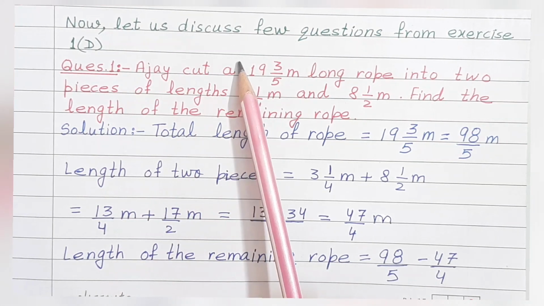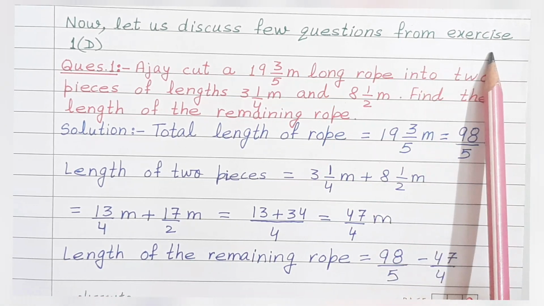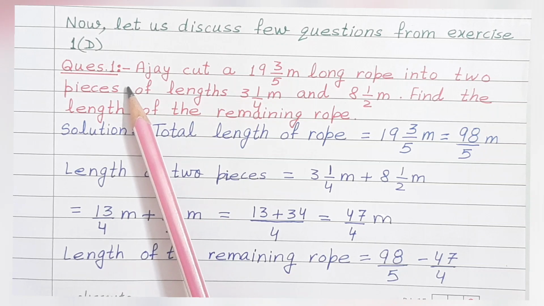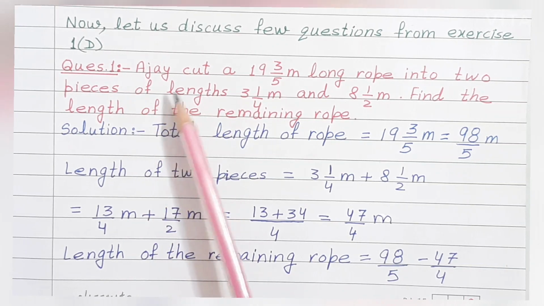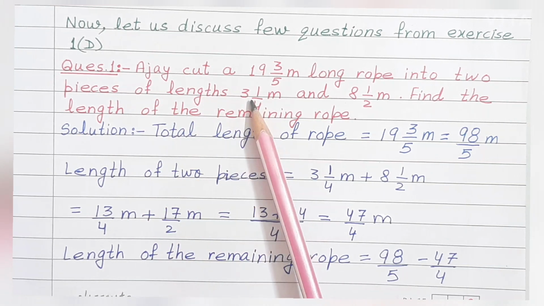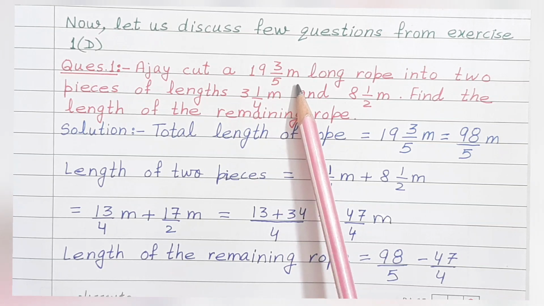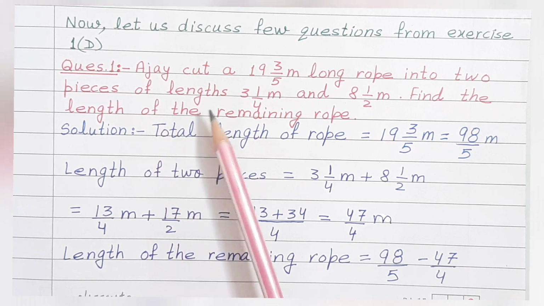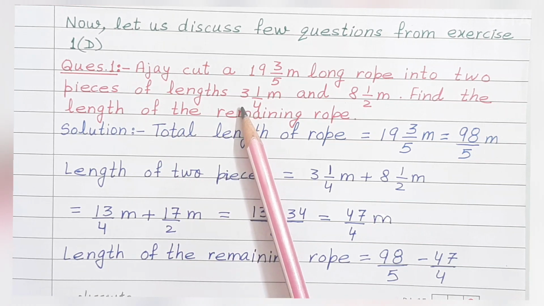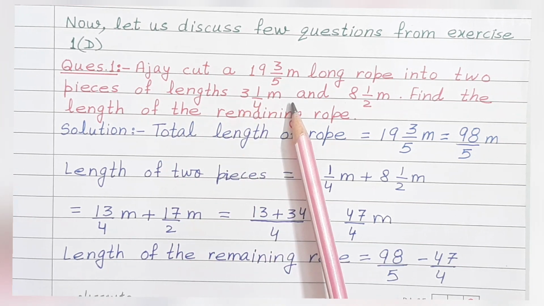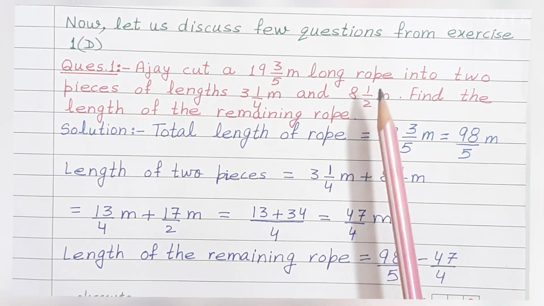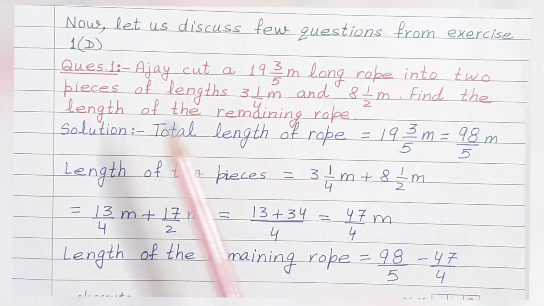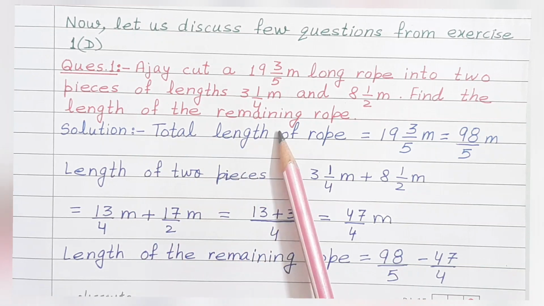Now let us discuss few questions from exercise 1D. So question number 1 given in your textbook is: Ajay cut a 19 3/5 meter long rope into two pieces of length 3 1/4 meter and 8 1/2 meter. Find the length of the remaining rope.